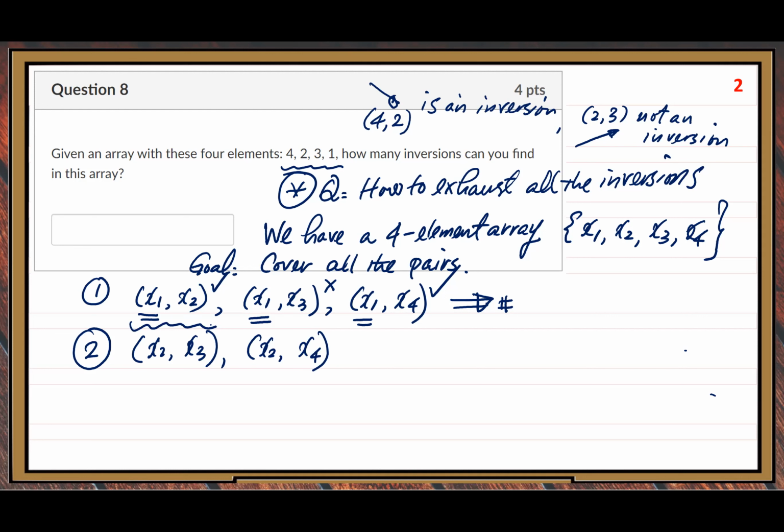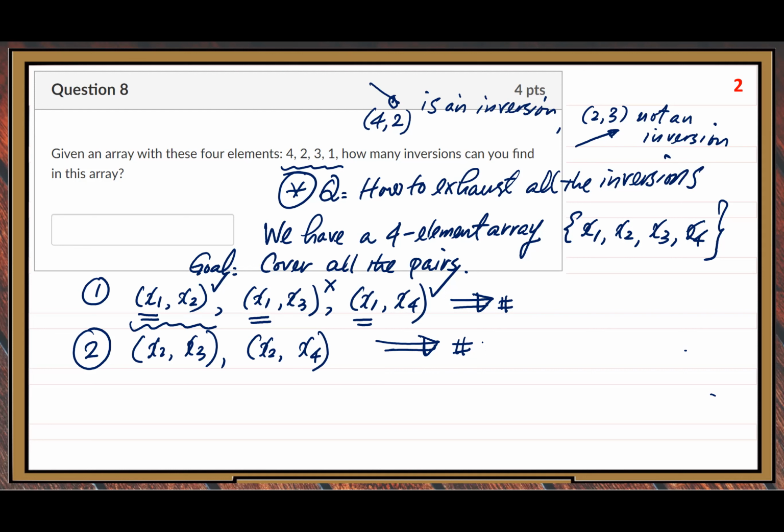In these two, check: first one, inversion or not; second one, inversion or not. Then you get a number of inversions for this case. Let's say case, because we do not use that big word category.